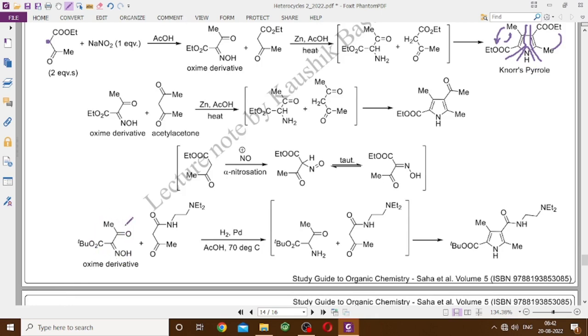The oxime derived from the other ketoester, where the ester is not ethyl but tertiary butyl ester, and I have a 1,3-dicarbonyl present here, which will act as a C-delta minus, C-delta plus synthon. Reduction is done in the presence of palladium and hydrogen, so catalytic reduction will expose the NH2, ring closing, etc., will happen to give you this. So that's the Knorr's method done.